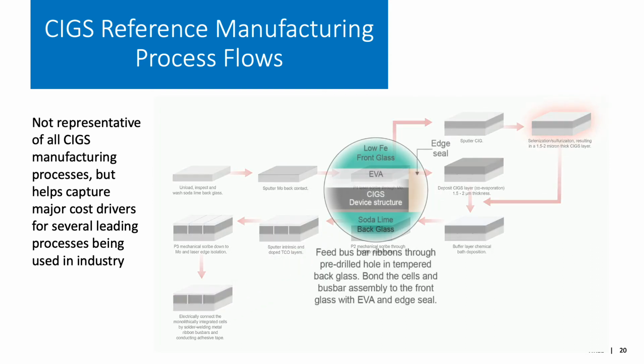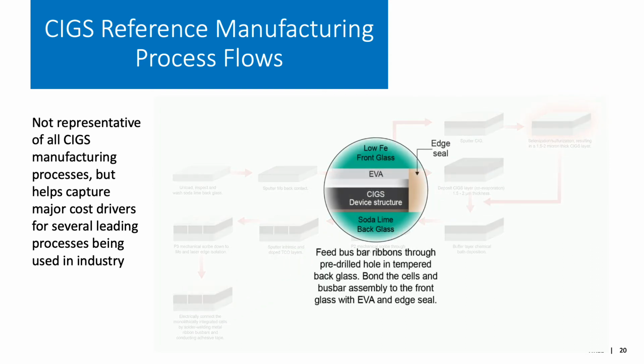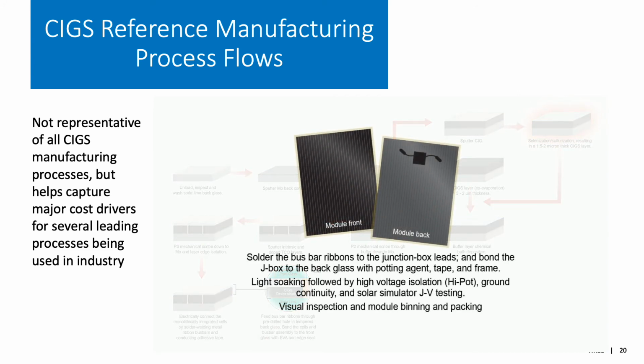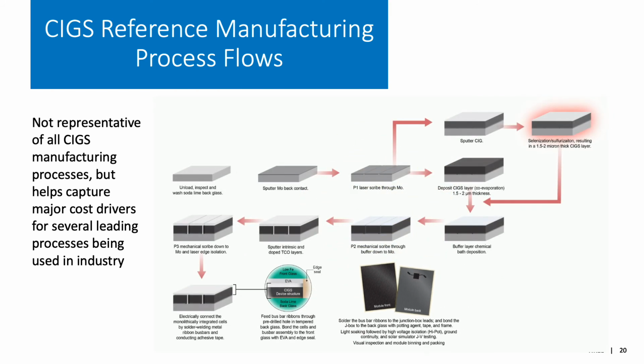And then assemble the module by connecting the bus bar assembly to the front glass with the EVA and an edge seal. And lastly, attach the junction box, light soak, and perform any testing, including high pot testing, ground continuity, and solar simulator JV testing, and then visually inspect the module, bin it, and package it.